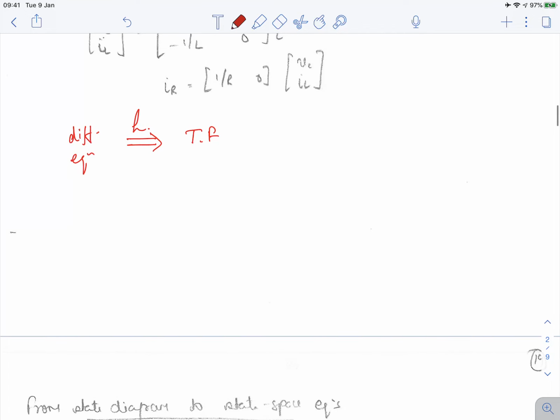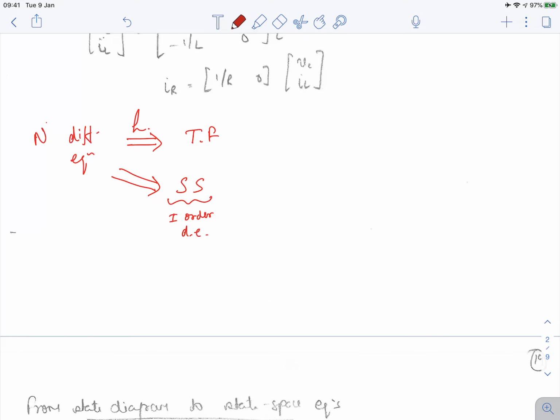Okay. Now from this differential equation I can find the state space representation, which would be of first order differential equation.